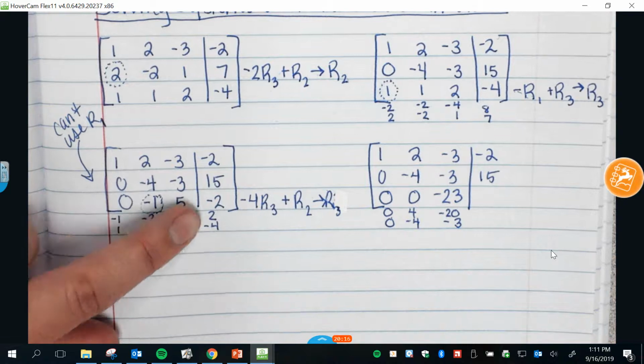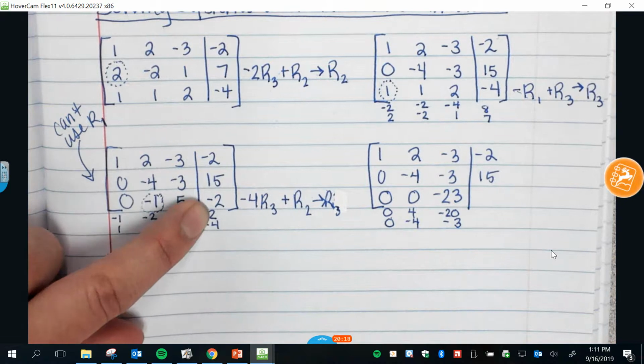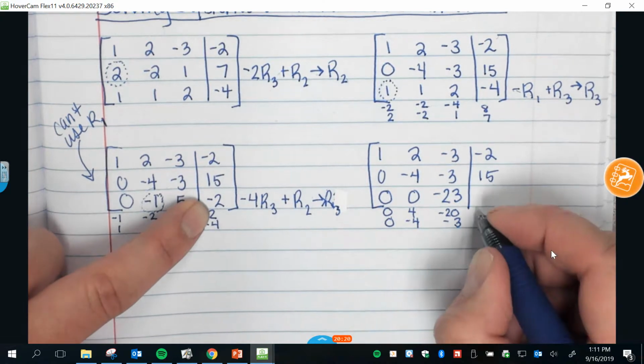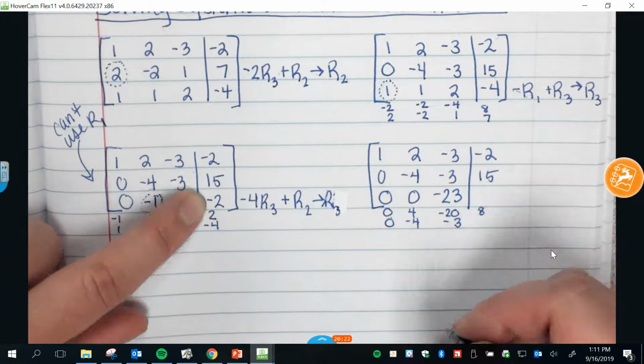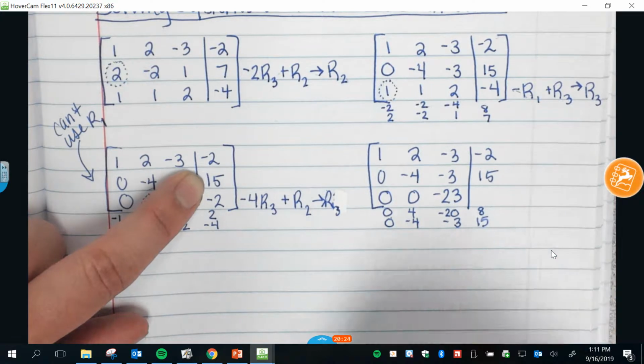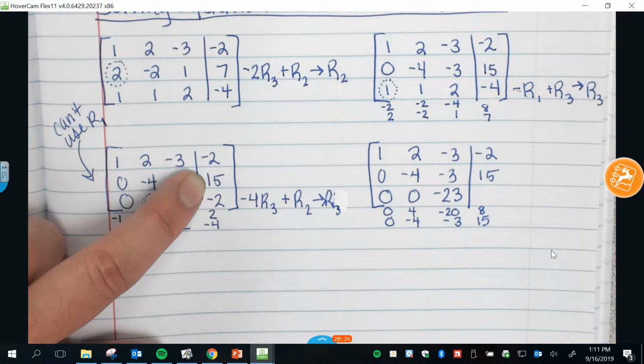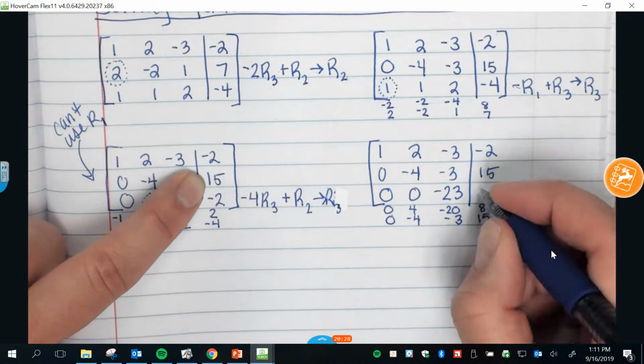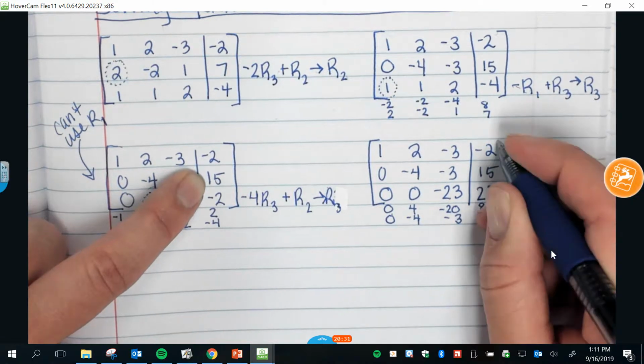Negative 4 times negative 2 is 8, plus row 2, which is 15. 8 and 15 is 23.